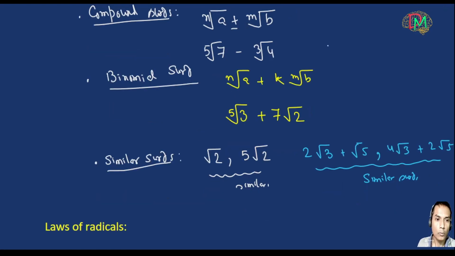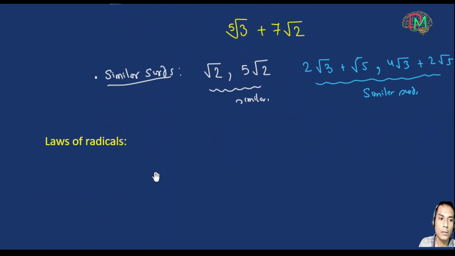Now we can use the laws of radicals for the operation, simplification or calculation of the Surds. So what are the laws of radicals? Suppose it is nth root of a, if we multiply into nth root of b, we can simplify as nth root of ab.